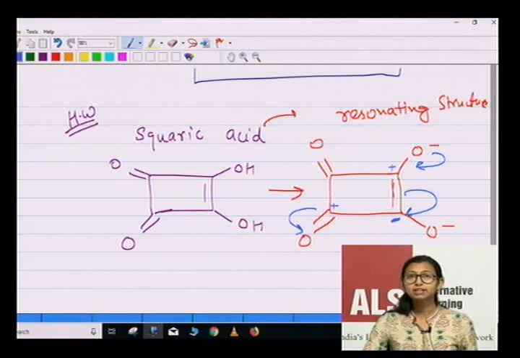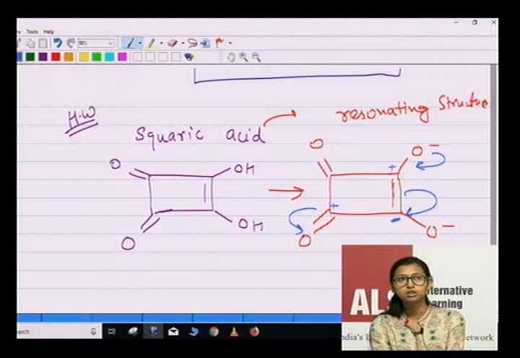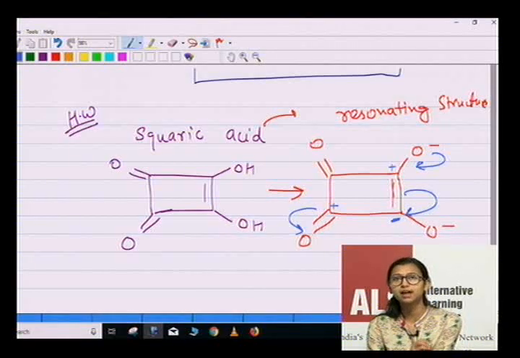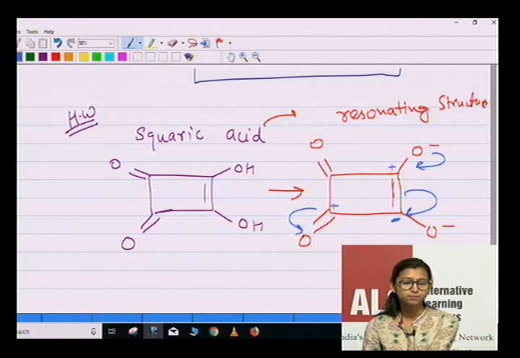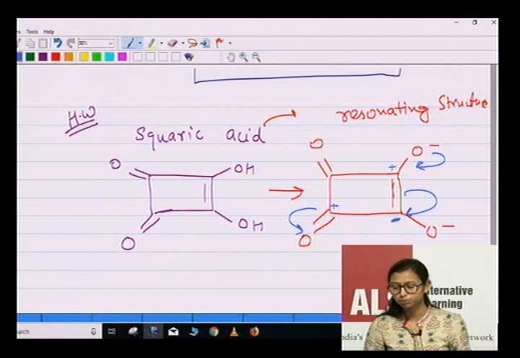At a time I have shown three arrows, so three types of delocalization will proceed at a single time. This is a very good question. So you can try squaric acid, and you will find how many resonating structures are possible for squaric acid. You will tell me the answer in the group.